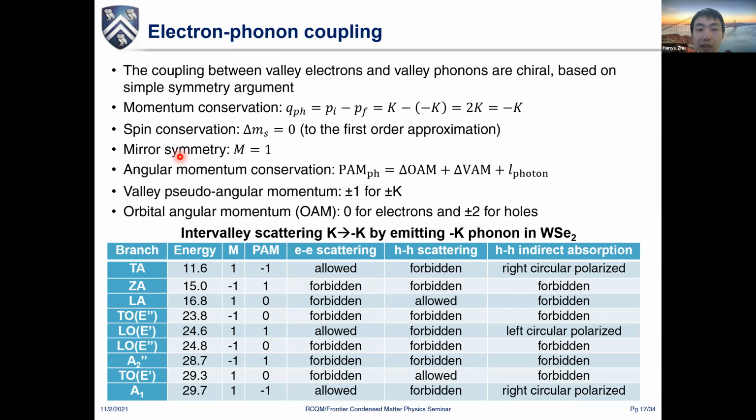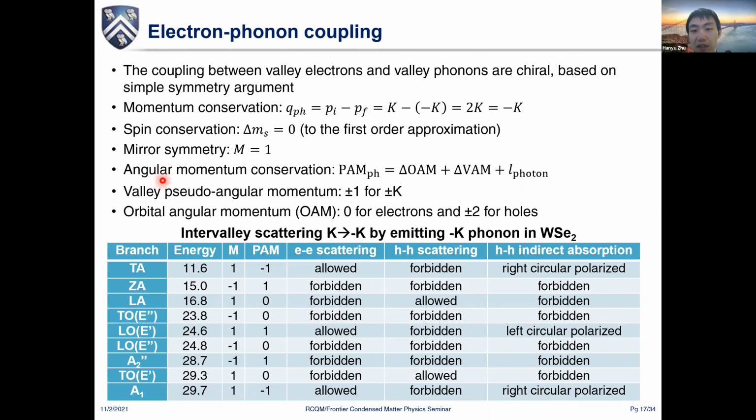The system itself has mirror symmetry, and it happens that both the electron conduction band minimum and valence band maximum have a wave function that is mirror symmetric. So that means that any phonons that scatter those states must also be mirror symmetric.